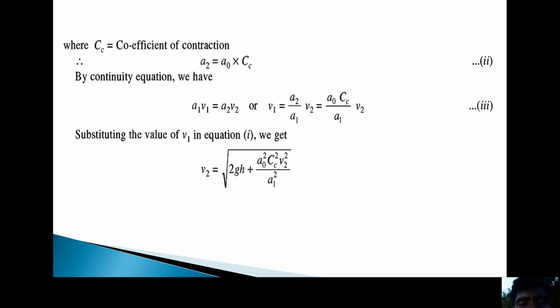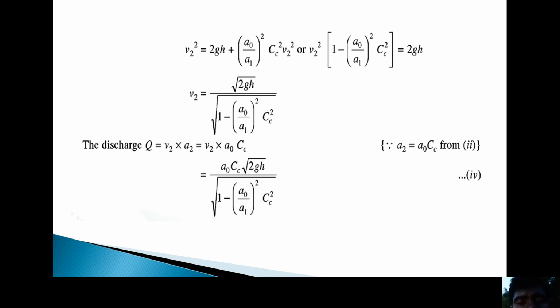Therefore V2 equal to root of 2gH plus A0 square Cc square V2 square divided by A1 square. So V2 square equal to 2gH plus A0 by A1 whole square Cc square V2 square.